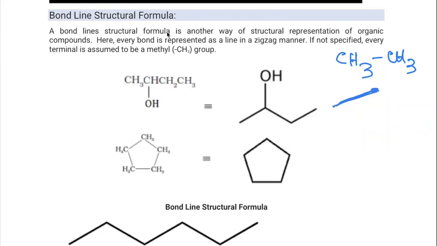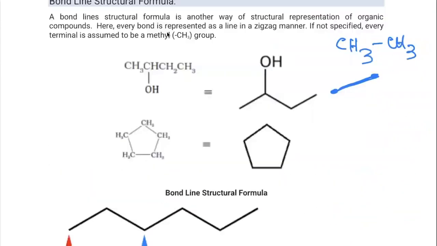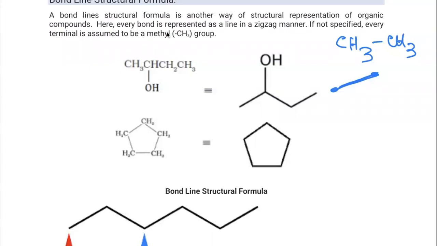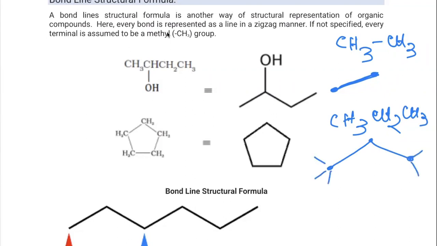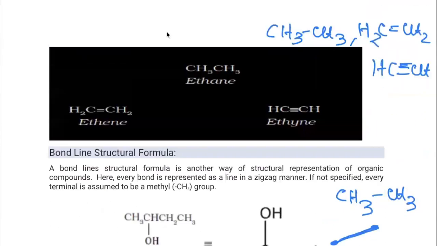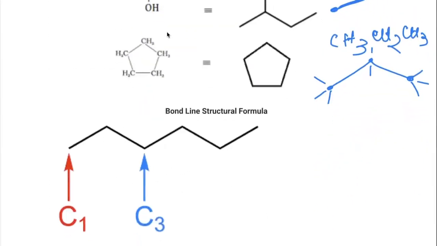One carbon atom over here, one carbon atom over here. For propane, CH3, CH2, CH3, it will be like this, one carbon atom over here, one over here, one over here. It has 3 hydrogen, it also has 3 hydrogen, and it has 2 hydrogen, like this. Okay, and if it is like this, so this carbon will be the number 1 carbon, this is number 2 carbon, this will be number 3, number 4, number 5 carbon.